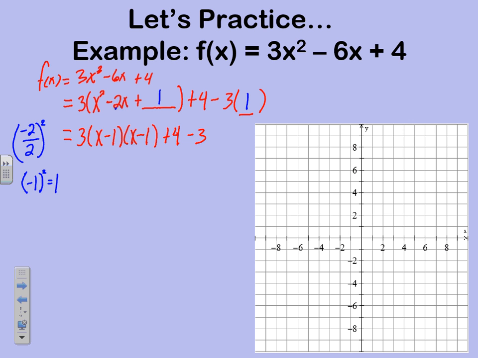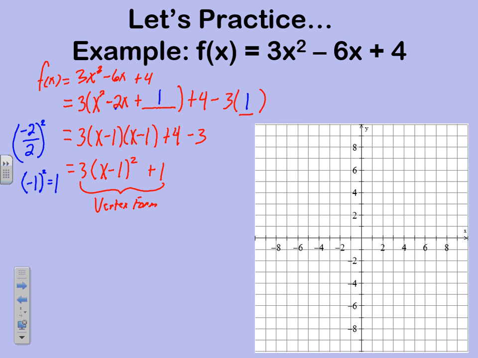Well, let's continue simplifying. 3 times x minus 1 times x minus 1 is the same thing as saying x minus 1 squared. And 4 minus 3 is just 1. And so now we have arrived at the vertex form of the quadratic function that we started with.